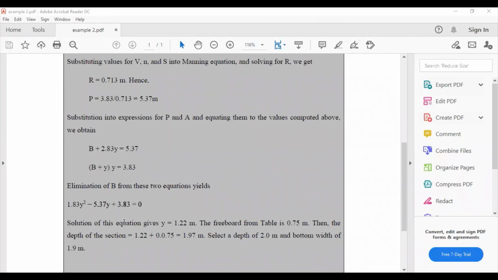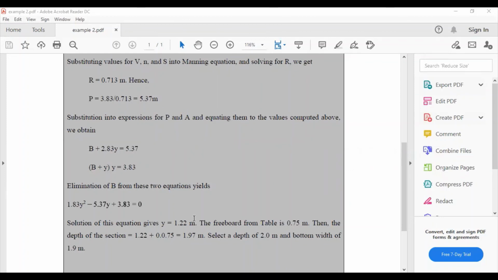Then you solve for the unknown. So in this case, you're going to have your Y, which is our depth, equal to 1.222 meters. And now since you have your depth, which is your Y, you can just place it here and then find your breadth, which is your width.